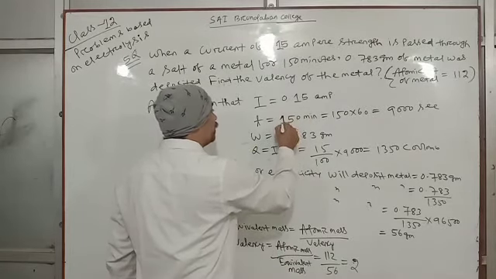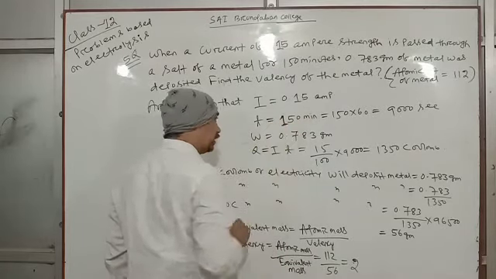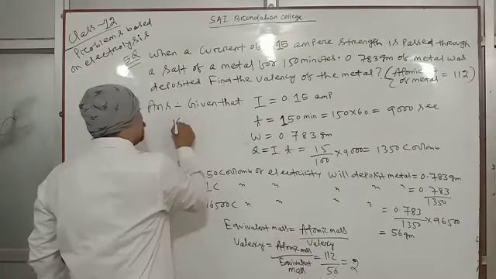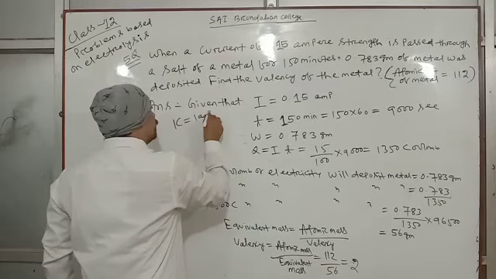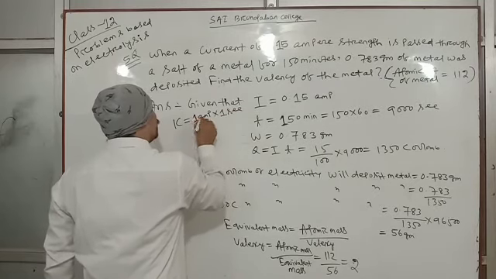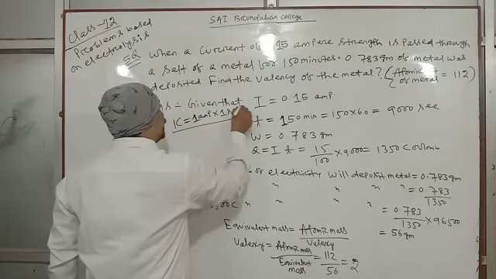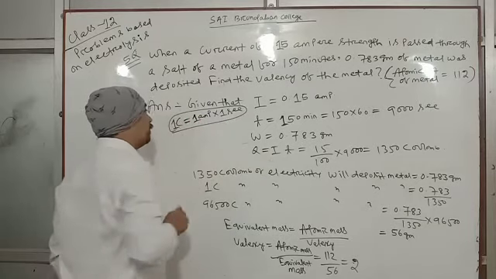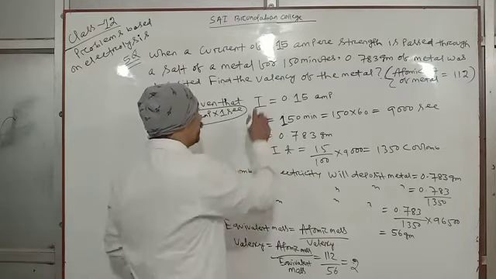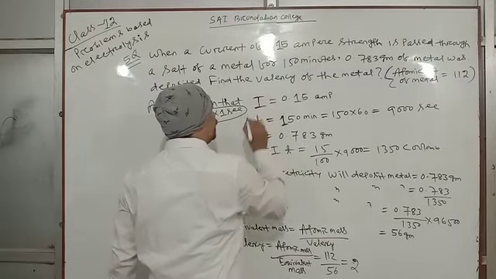We have to convert the time to seconds, because 1 coulomb equal to 1 ampere into 1 second. Clear? I equal to 0.15 ampere.